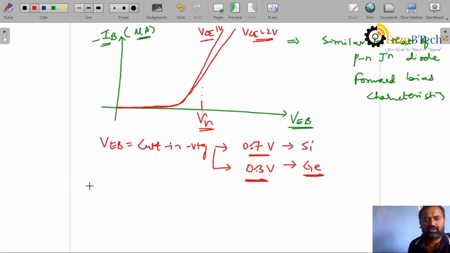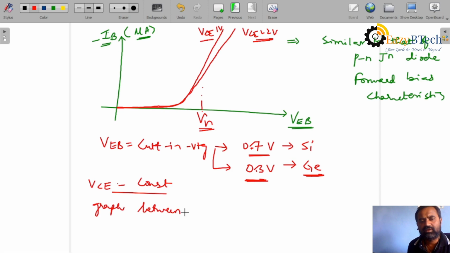Here it is the output voltage VCE constant, graph between IB versus VBE. Both are related to the input side.